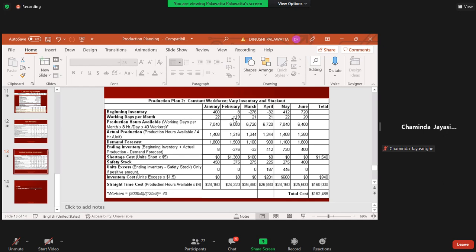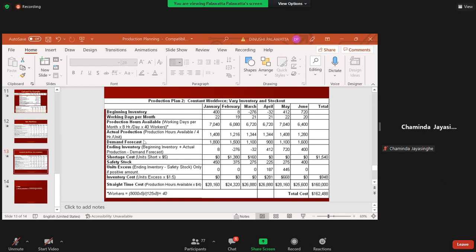Production hours available is 19 multiplied by 8 multiplied by 40, which is 6,080. And then actual production is 6,080 divided by 5. You get 1,216. Demand forecast is 1,500.